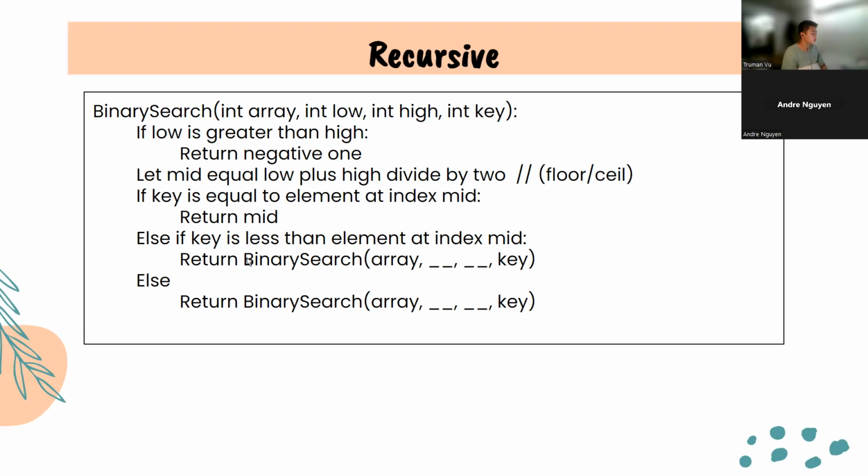However, by returning binary search, the function, we would call it again. So now we've called it again and again and again. The idea is you call it again and again until it finally either returns mid, which is if key is equal to element at index mid, or returns -1. So those are the two approaches to binary search.